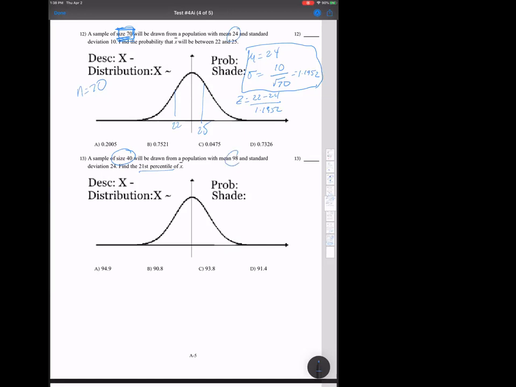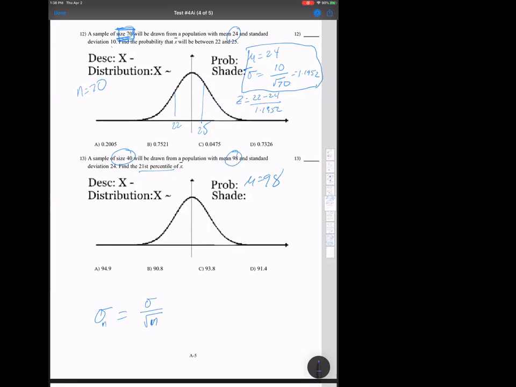Right, see down here it says the mean is 98, so then the mean is 98. Okay. But the standard deviation changes. The standard deviation is the given standard deviation divided by the square root of n. The formula is sigma equals the old standard deviation divided by the square root of n. They call it sigma n.